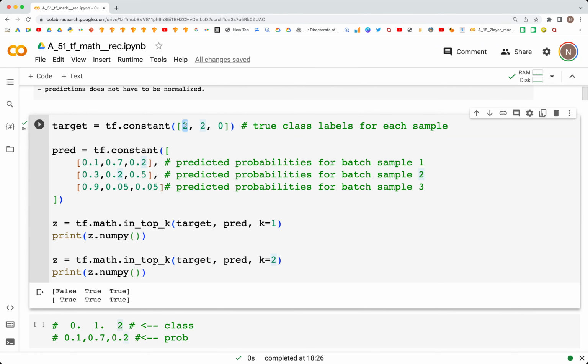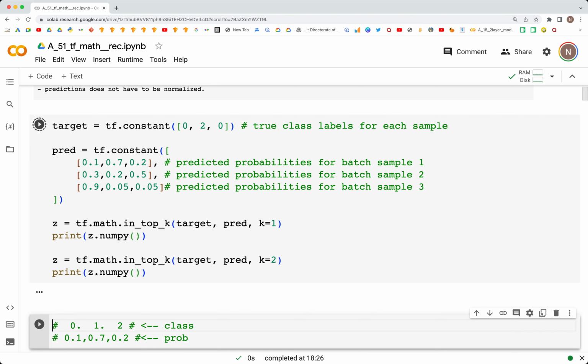However, if we replace this 2 by 0 and now run this, what has happened is that for class 0, the probability that we have is 0.1. It is not among the top two predicted highest probabilities, which are 0.7 and 0.2.